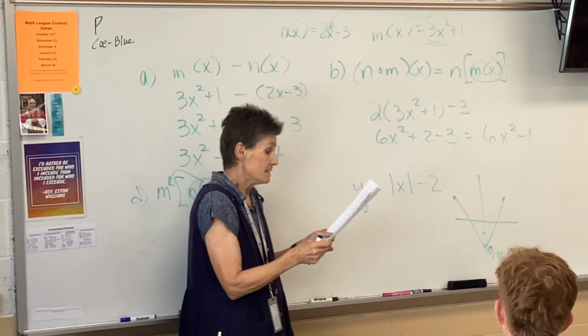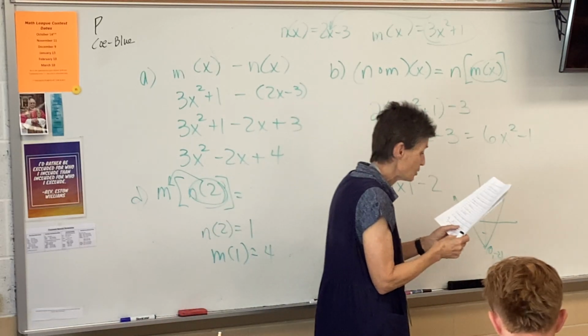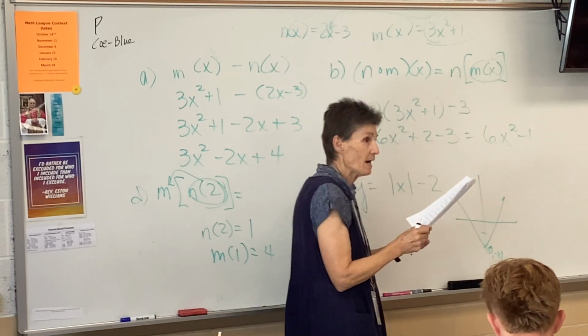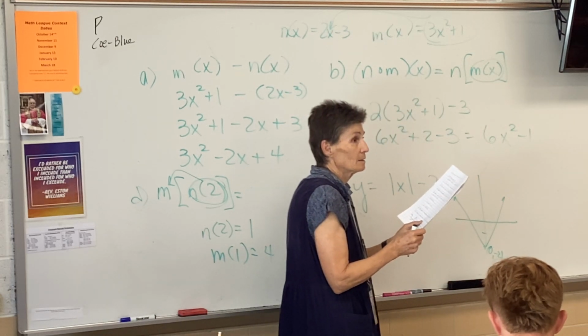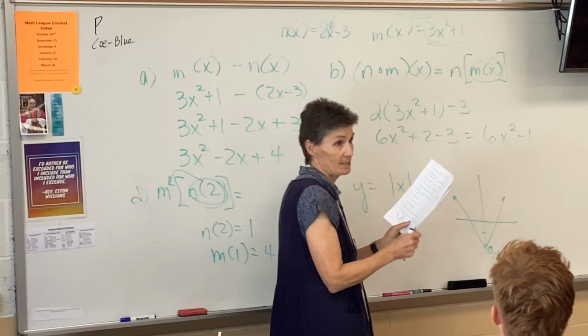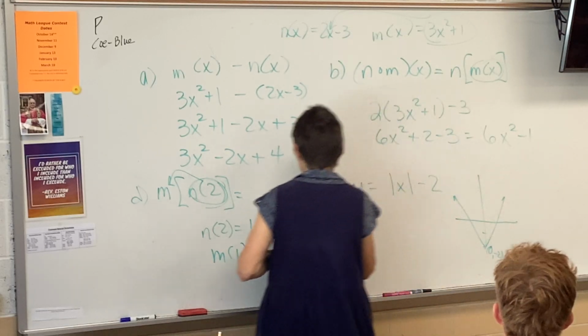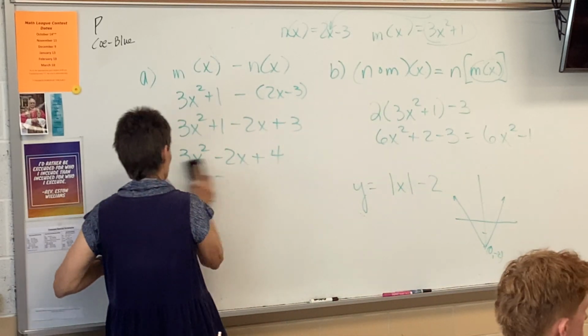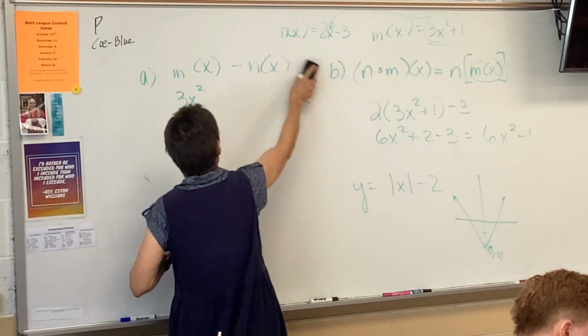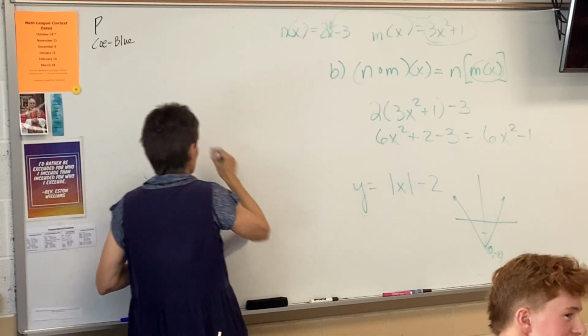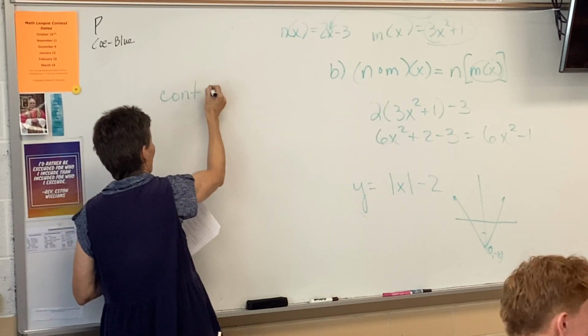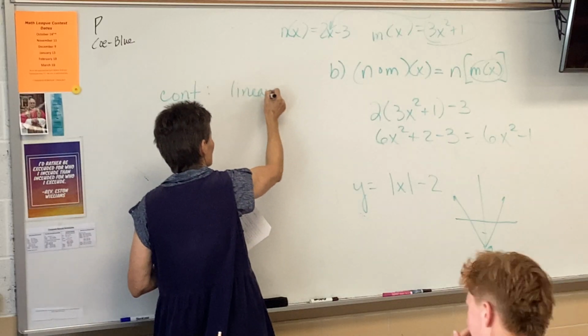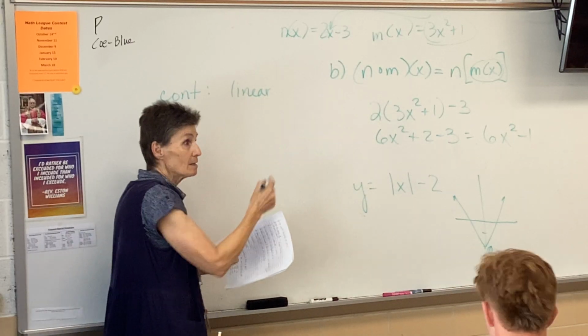All right. Name a continuous BFF and a discontinuous BFF. Continuous is linear. So, for continuous, it says name 1, but there are lots of them. Linear, which is also identity, that would be 1.